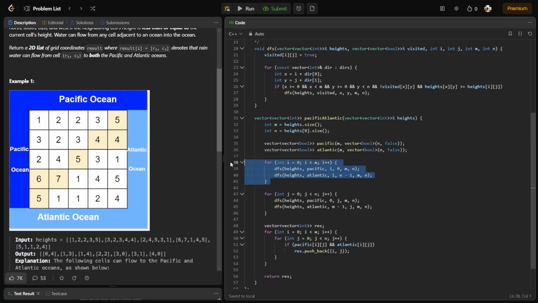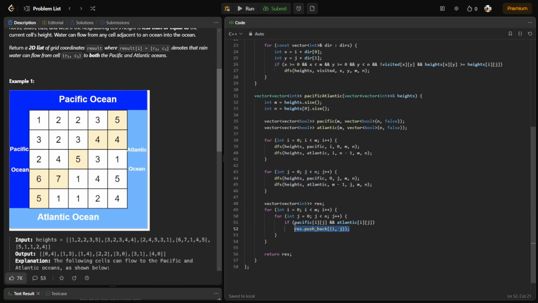Basically running depth first search repeatedly for both edges, for both the Atlantic Ocean and the Pacific Ocean. And then from there, we work our way to the middle. And if both depth first searches meet in the middle, it means that the water can flow and connect from that specific cell that we have met at. So once that is calculated, we will then push the results into our 2D vector and return it.